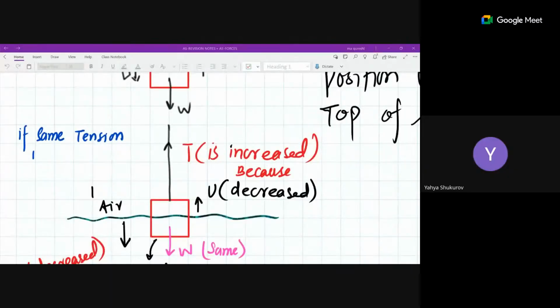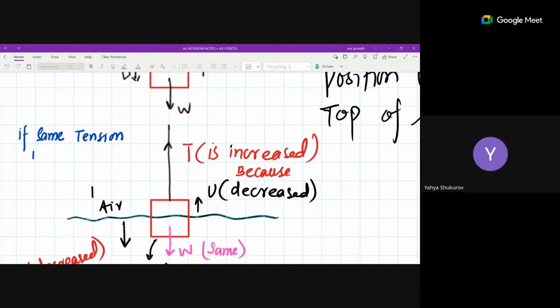Can you repeat the question? My question is, if the driving agent is reducing the driving tension, the driving force, then what will happen? Well, there's deceleration.